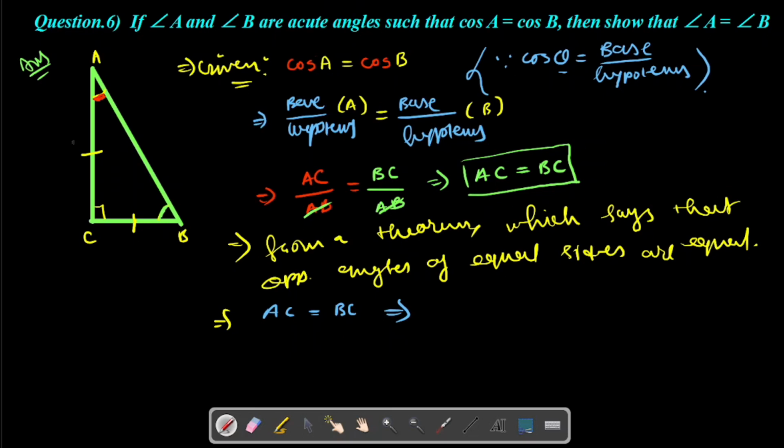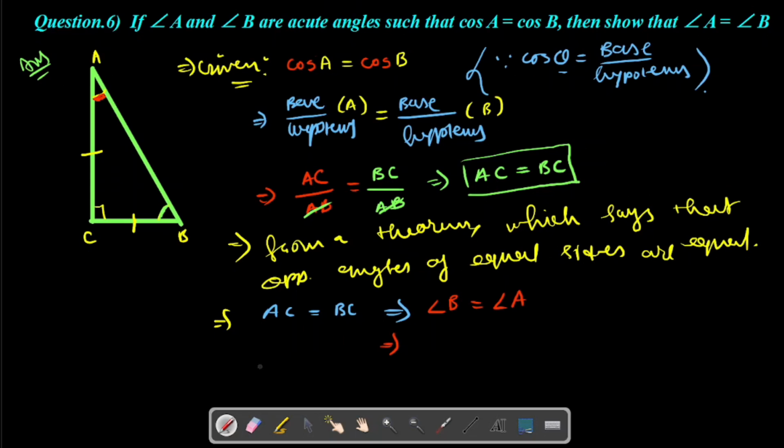Okay, so here this is AC. The opposite angle for this AC will be B. So here the angle B is equal to what? Is equal to BC, opposite angle of BC. So here the BC is this, then the opposite angle is A. So it is A.